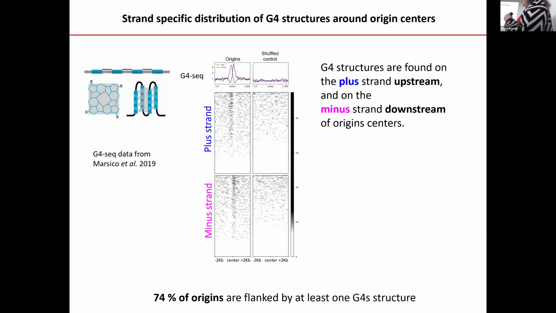So the next thing we looked at was G4 structures surrounding the origin centers. We were lucky to have a data set of experimentally determined G4 structures. G4 structures are elements in the DNA composed of groups of Gs that can form secondary structures in the DNA.